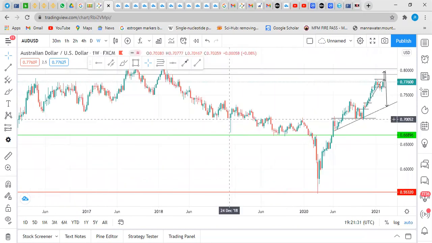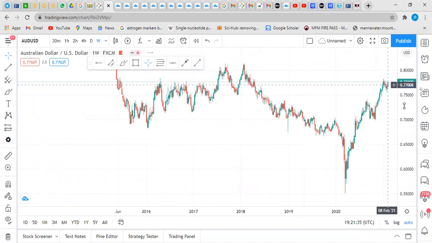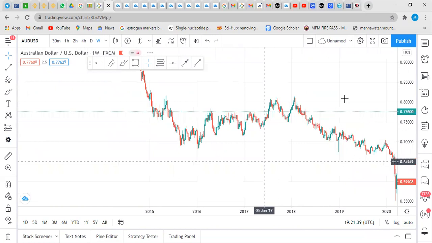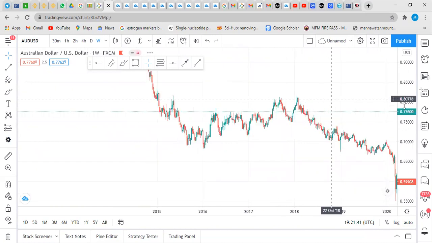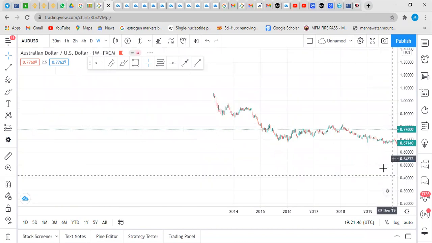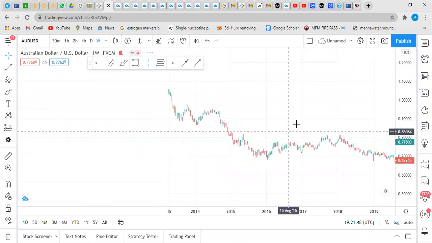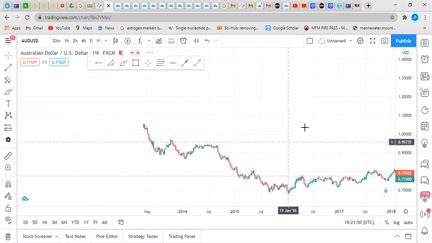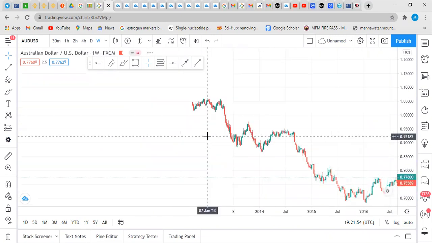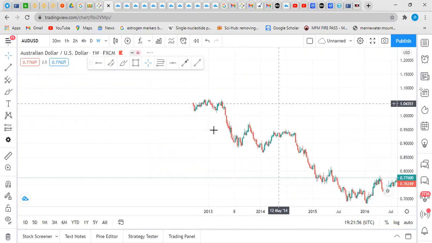Right, so I'm going to clear my chart. I don't use any indicator. So we'll be analyzing just purely the price action. So let's zoom in and just go all the way back, see where this chart starts from, where the price action starts from.